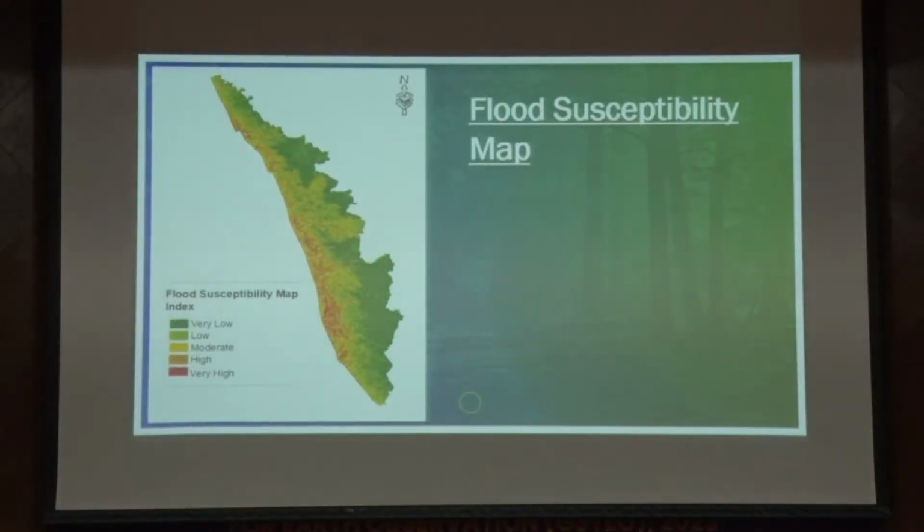This is the AHP resulting weightage. This is the flood susceptibility map. We can see that the southwestern part is very highly flood susceptible, and the very low part is the eastern part.